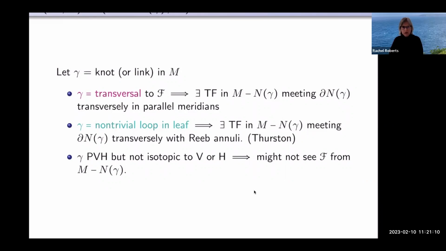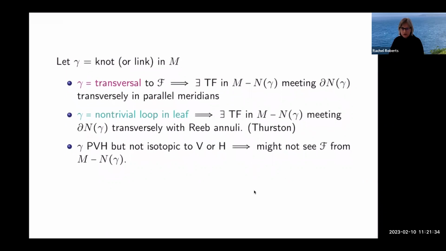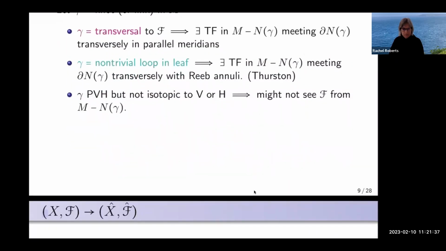So in this game, it could be that we happily start with some manifold that has a foliation. We drill out a knot to get some manifold with boundary that's nice in whatever way niceness means to us. But we've lost sight now of the foliation. And yes, there's another knot we could have chosen, but it begins to be subtle. Okay, so just something to keep in mind as a caution.